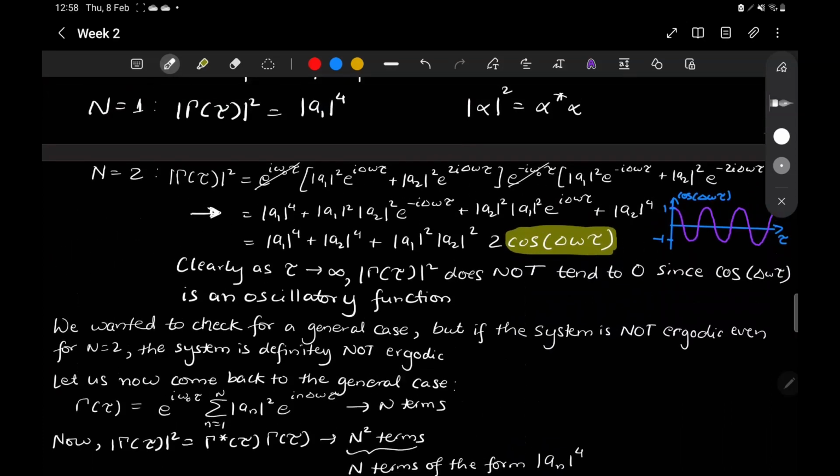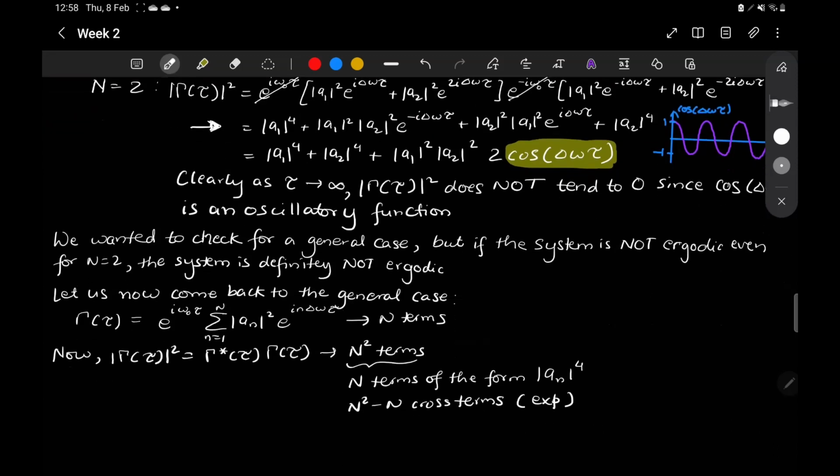Now, as you can see that these cross terms are complex conjugates of each other. So here we saw exponential minus i delta omega tau and exponential i delta omega tau. These are complex conjugates of each other which can be combined to give us the cosine term.